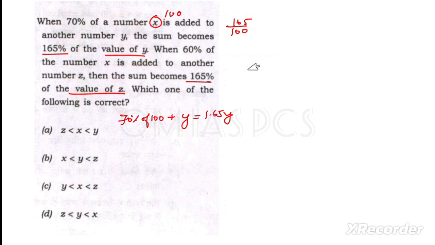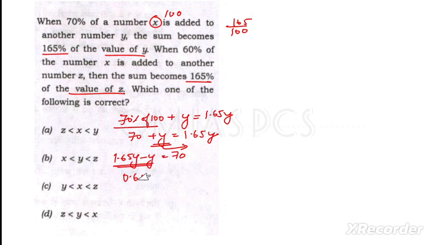So 70% of 100 is 70, and 70 plus y is 1.65 y. When we take y to the right side, it will be minus. So 1.65 y minus y is equal to 70, so 0.65 y is equal to 70.